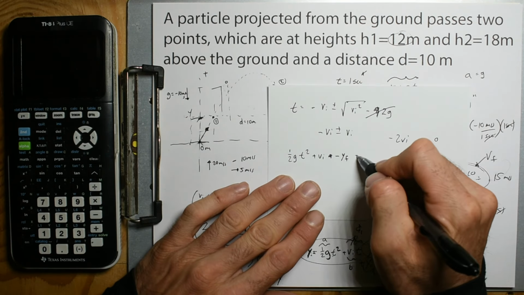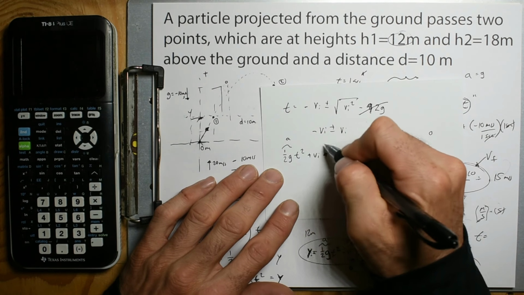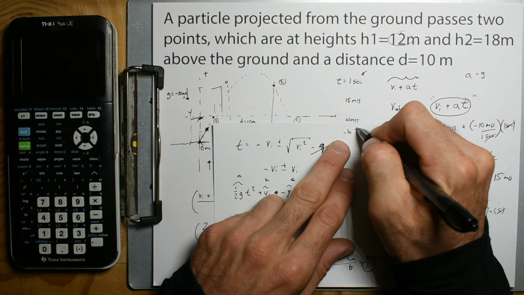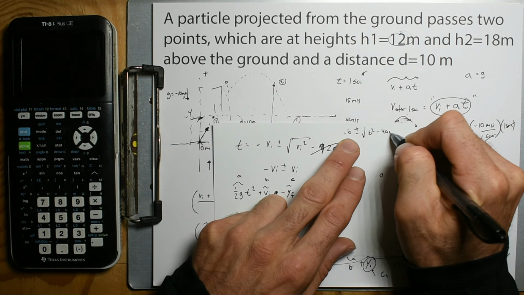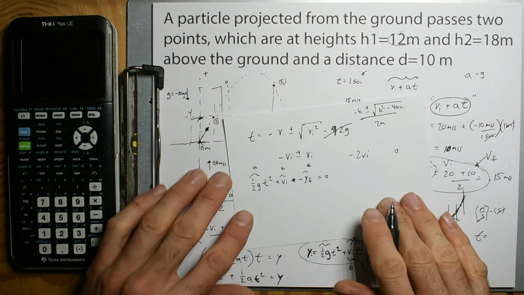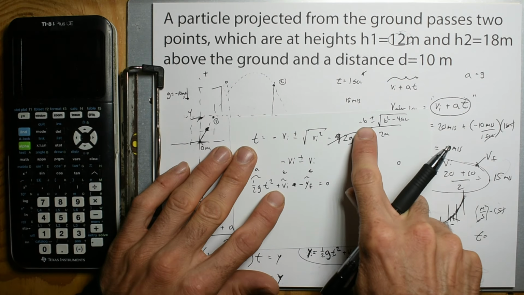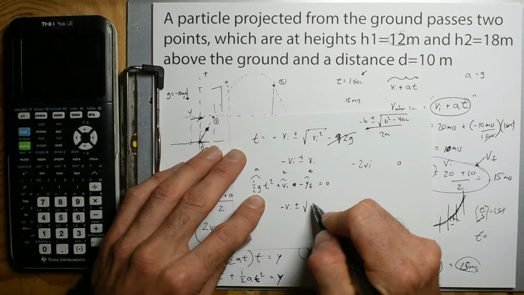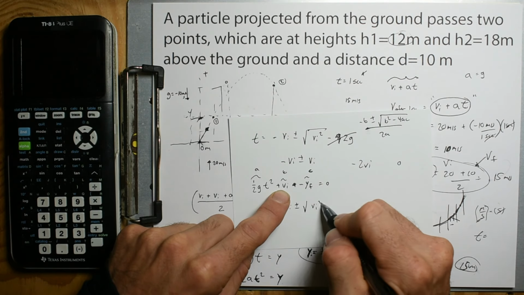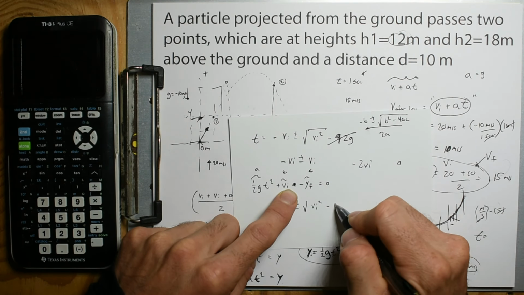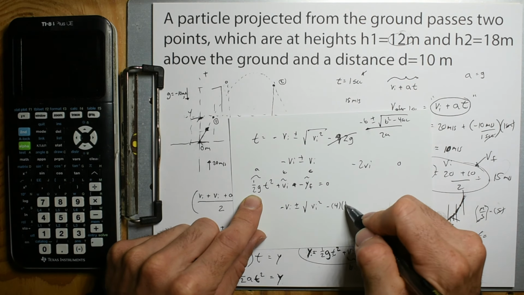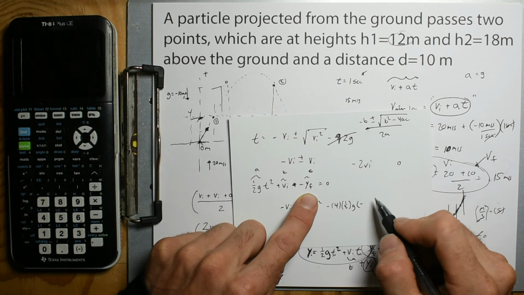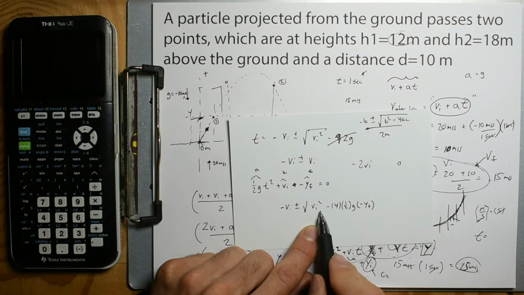If I do it just with straight letters, now this is equal to 0. This is my a term, this is my b term, this is my c term. And so we have negative b plus or minus the square root of b squared minus 4ac, divided by 2a. And there are so many places to make errors. Anyway, we have negative vi as my b term, plus or minus the square root of the b term squared, vi squared, minus 4 times a, which is 1/2 g, and the c term is negative y final, so this is going to be an addition.